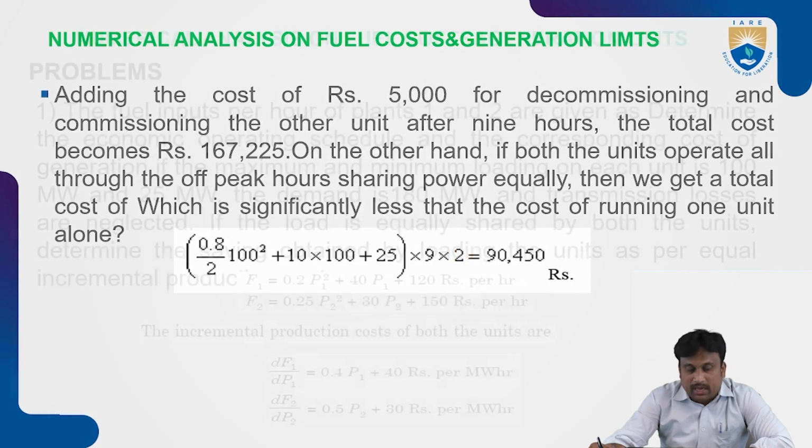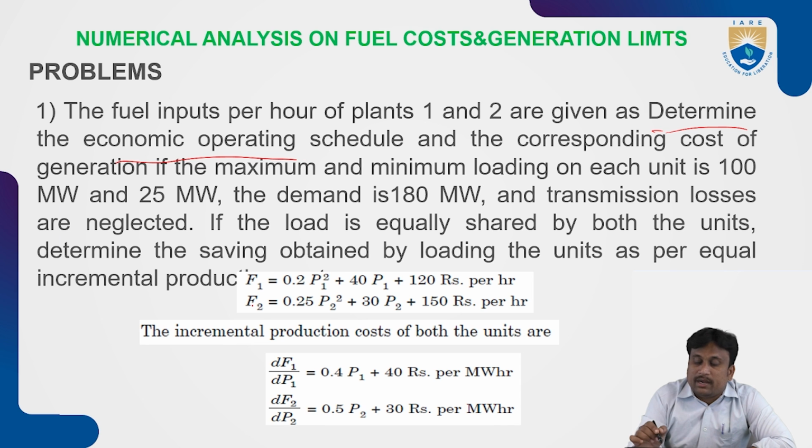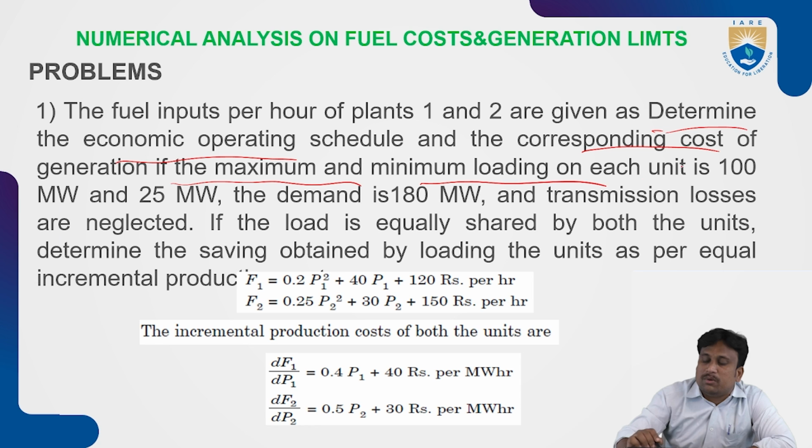So coming to another numerical analysis. The fuel inputs per hour of plants 1 and 2 are given. Determine the economic operating schedule and the corresponding cost of generation if the maximum and minimum loading on each unit is 100 megawatts and 25 megawatts.